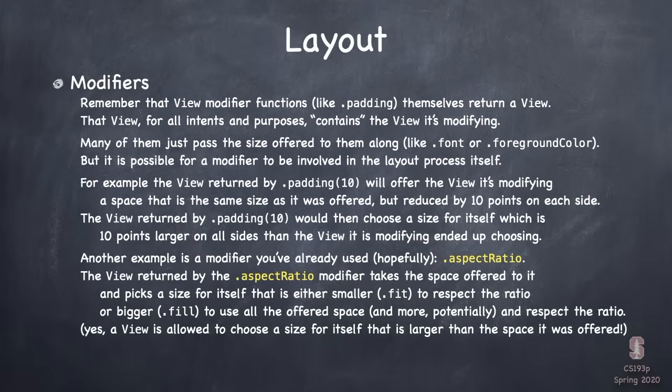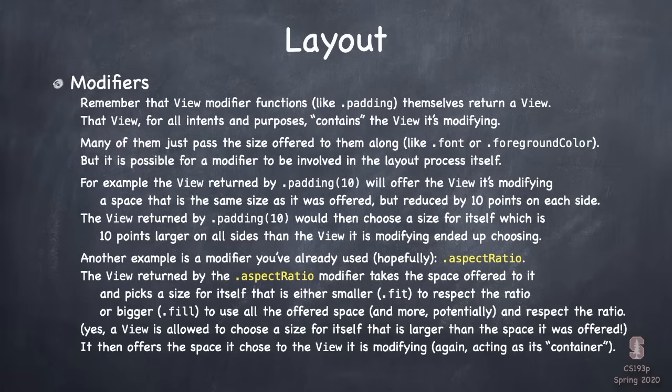And so, yes, it is possible when you're a view and you're offered a certain amount of space, you can choose your size to be larger. Now, that's rare. We don't generally want views kind of spilling out all over each other, but it makes sense. Like in this aspect ratio fill, maybe that makes sense. So then the aspect ratio view that's now sized itself to have that aspect ratio offers the space that it chose to whatever view it's modifying, like our card view. So our card view fits itself then in that nice aspect ratio space.